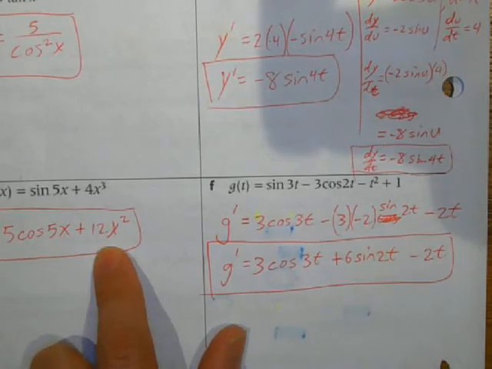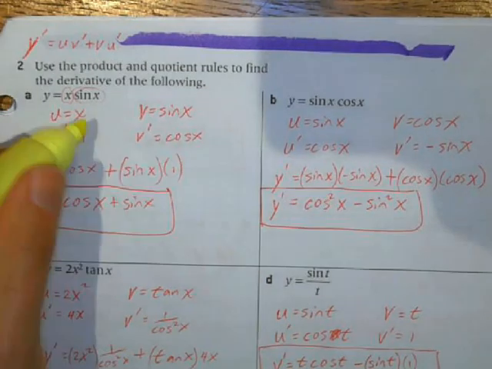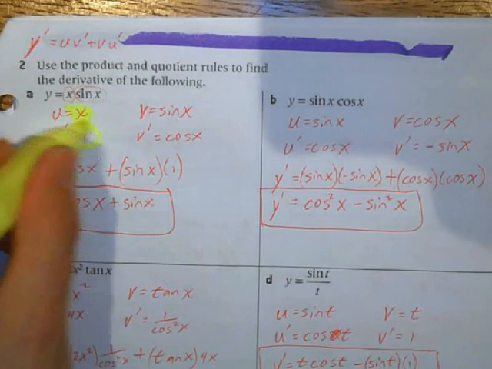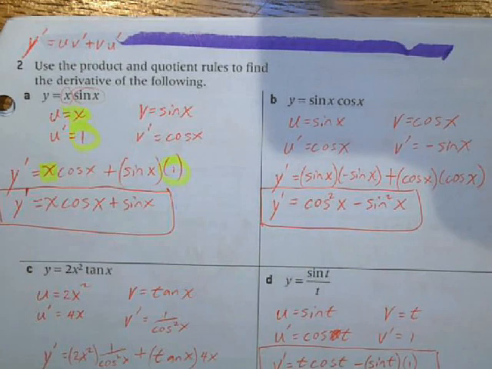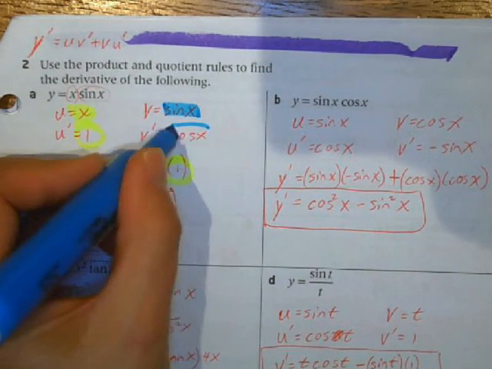Okay, next page. Okay, so on these we have to use the product rule and quotient rule to help us out. So I've got u and the derivative of u. I've got v and the derivative of v.